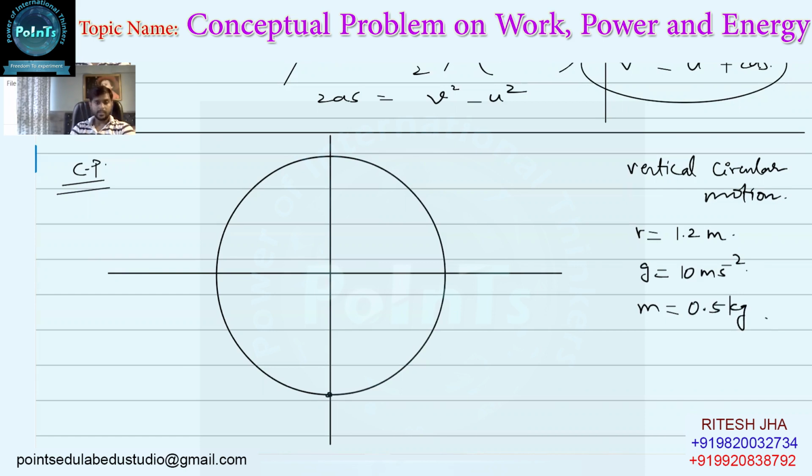At point A it is having a speed of 20 meters per second. Determine the speed at B, at C, and at D. That's the question.